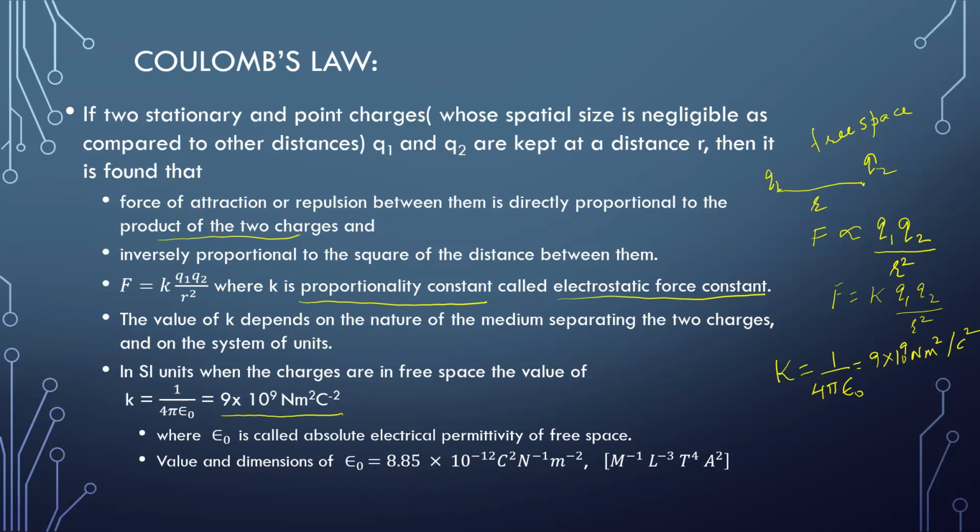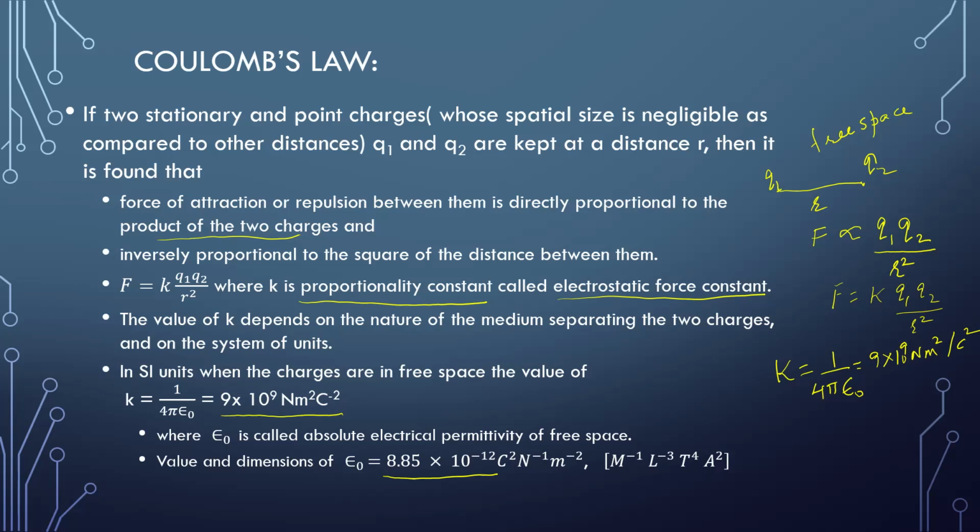Now the value and dimensions of epsilon naught. As the value of K is 9 into 10 to the power of 9, which is equal to 1 upon 4 pi epsilon naught, we can find the numerical value of epsilon naught, which is 8.85 into 10 to the power of minus 12.